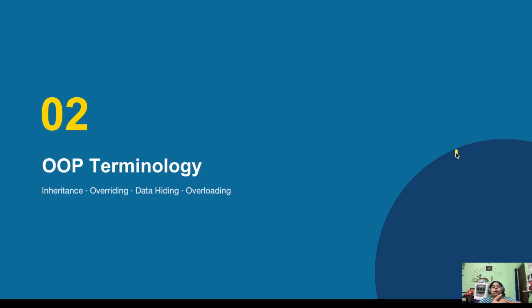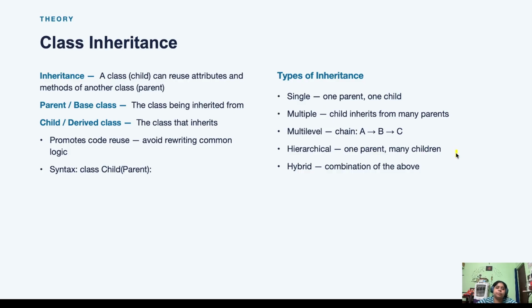Coming to the next point, we talk about OOP terminology. What is OOPs basically? What is inheritance, overriding, data hiding, and overloading? These are all the subtopics under OOPs. Let's move with it. Let's talk about class inheritance. A child class can reuse attributes and methods of another class which is above it, which has been defined above it, and it is considered the parent class.